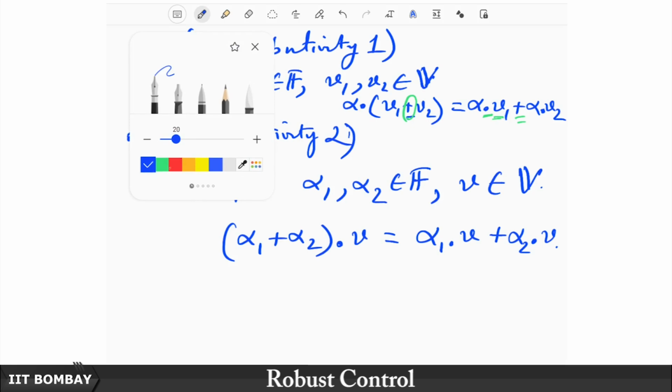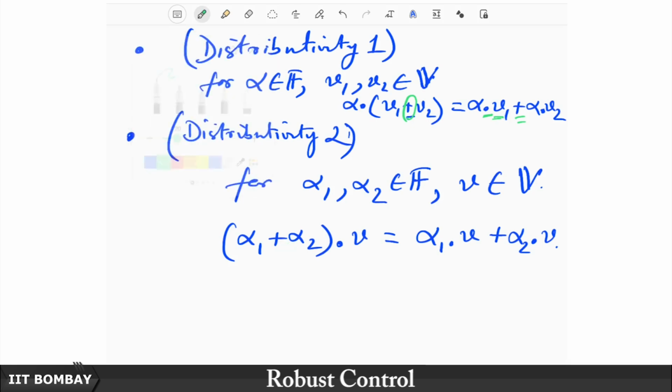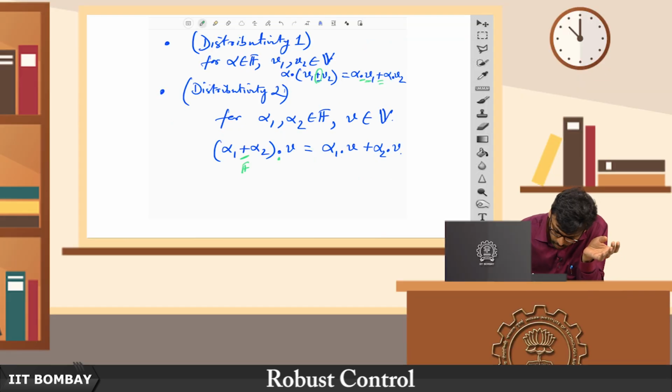Note that this addition here is the addition that is happening over the field, whereas this is the scalar multiplication that is happening between an object in the field and an object in the set V. But here notice that this addition is the addition that we have defined in the vector space V. So, although we are using the same symbol plus on both sides, they are not really the same operation.